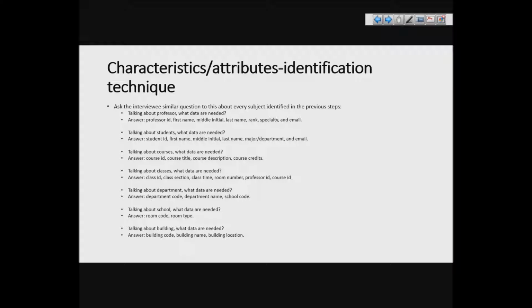You can ask it in any way you want, but I prefer asking it this way: talking about professor, what data are needed? Data is plural. So what data are needed when we discuss the professor entity?